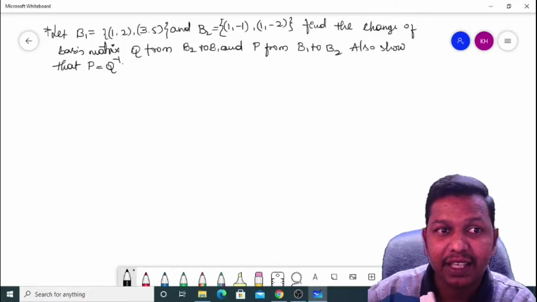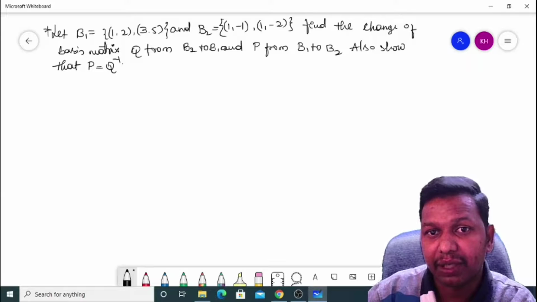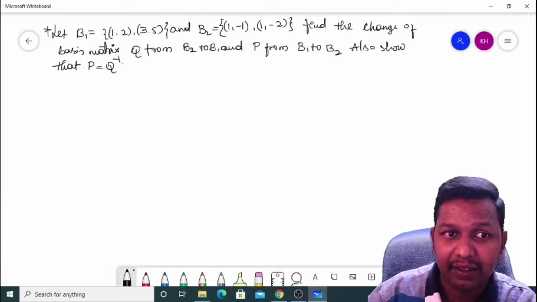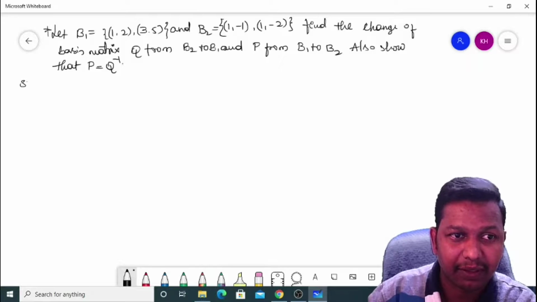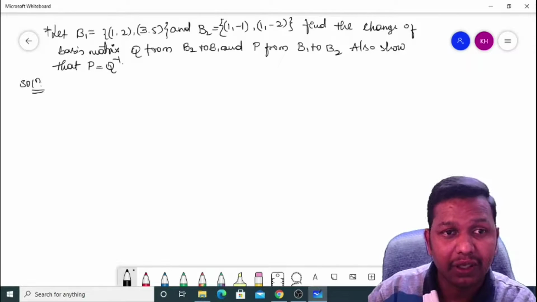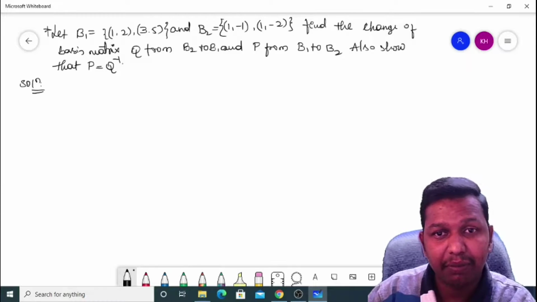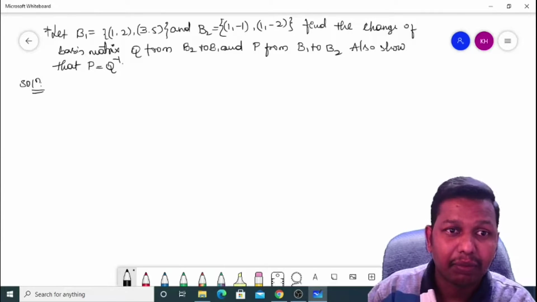Find the change of basis matrix Q from B2 to B1, and P from B1 to B2, and also show that P is equal to Q inverse. So we need to find the two transition matrices, that is P and Q. P is from B1 into B2, Q from B2 to B1.